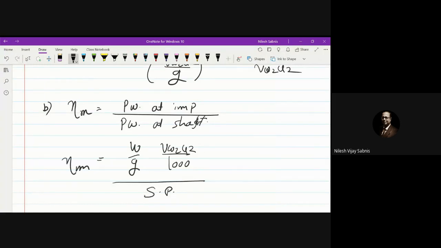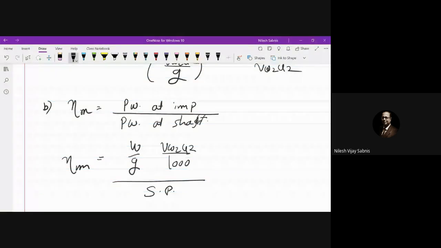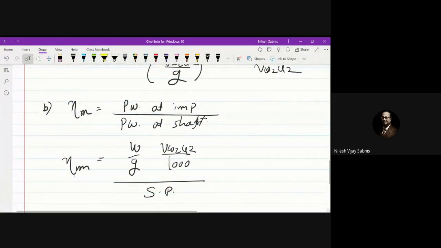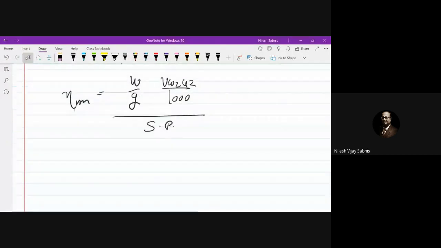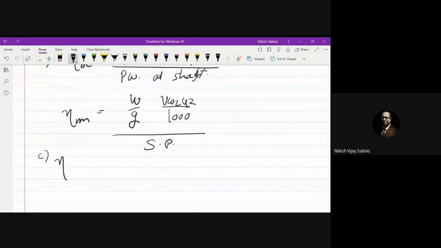That is power at impeller divided by shaft power. And overall efficiency can be calculated finally as the third. Overall efficiency is nothing but manometric efficiency multiplied by mechanical efficiency.